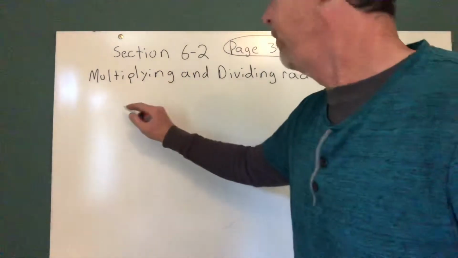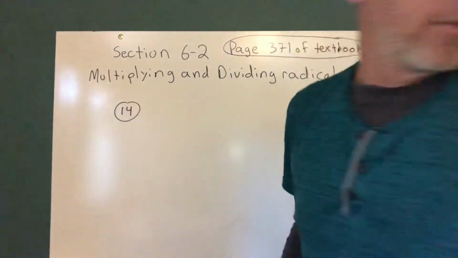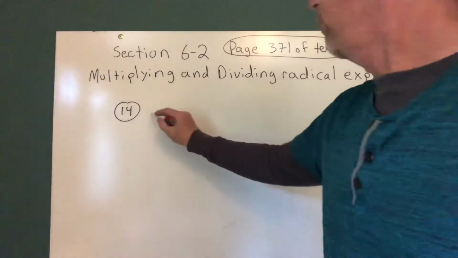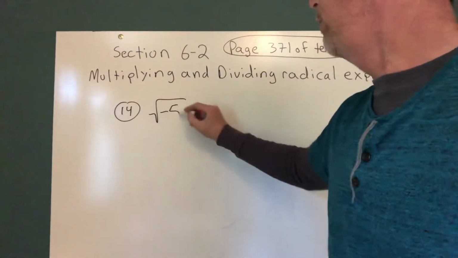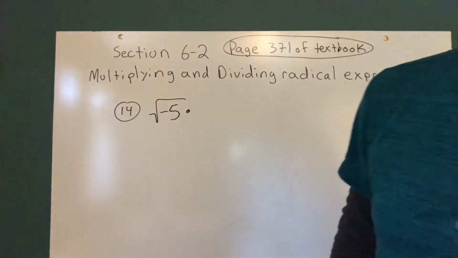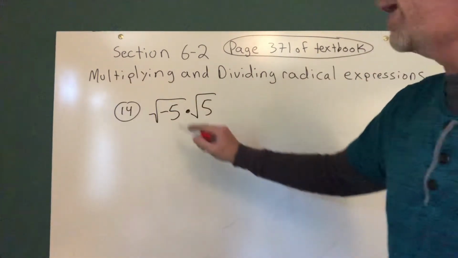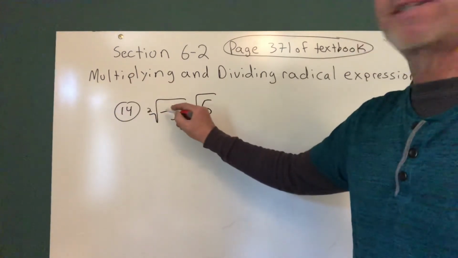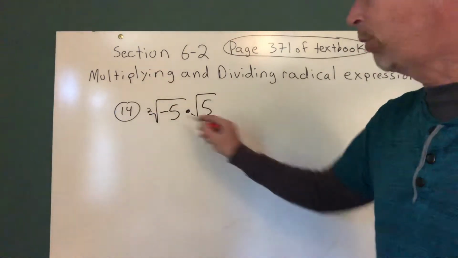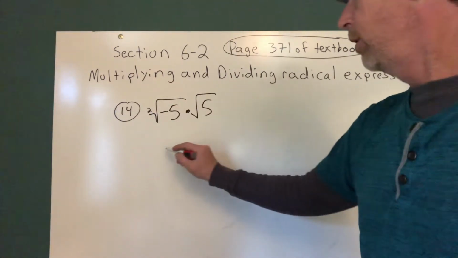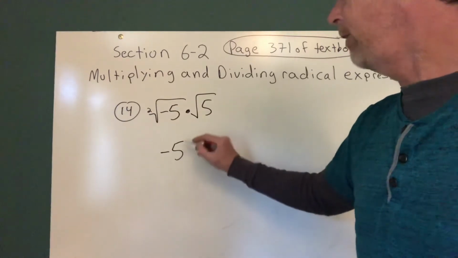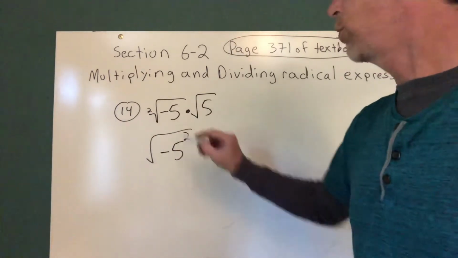All right, 14. The square root of negative 5 times the square root of 5. Now, of course, as this is a square root, we can't have this negative without it being an i, but at least we have the same base. So we have negative 5 to the second, square root.